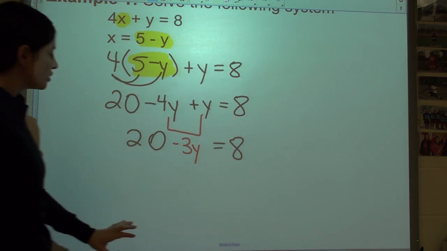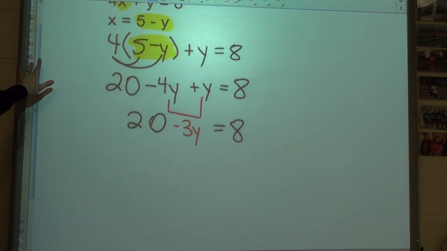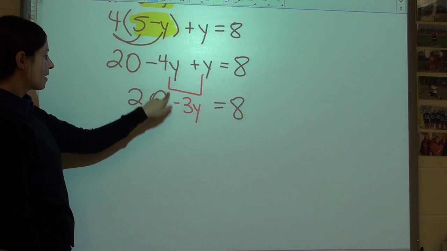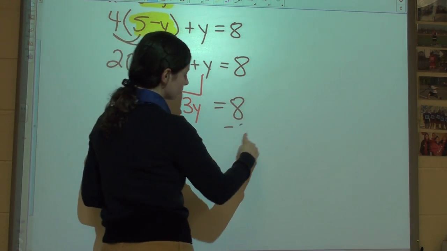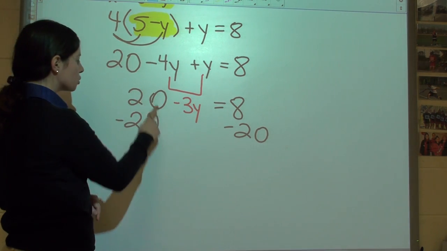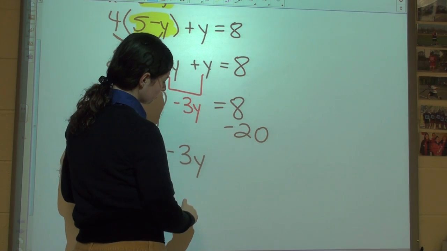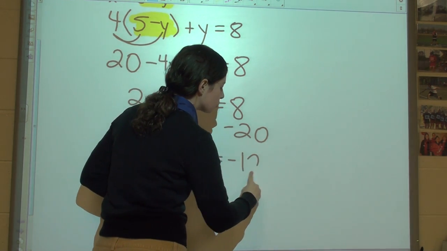The next thing I need to do is get my variable by itself, and I'm going to do that by first moving my constant over. Since I have a positive 20 right here, I'm going to do the opposite, which is subtract 20. 20 minus 20 is 0, so it goes away. I'm left with negative 3y equals 8 minus 20, which is negative 12.